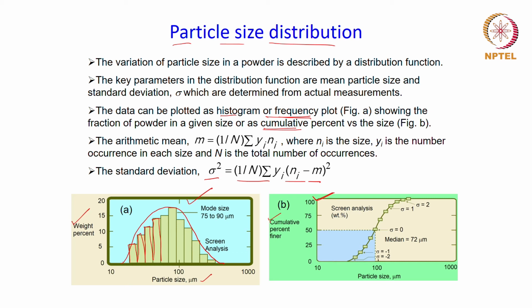One is weight, which is the screen size analysis, and another is the population, which is the microscopy based analysis. And we have seen how you derive the particle size and the particle size distribution from the data. Okay. So, before we close today's class, let us quickly summarize it.